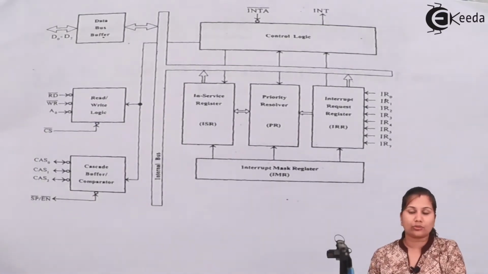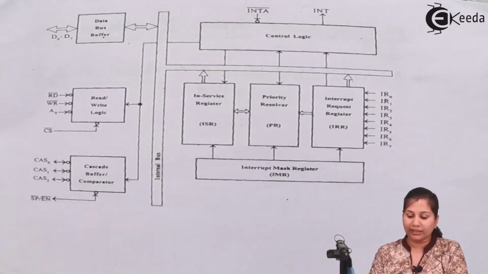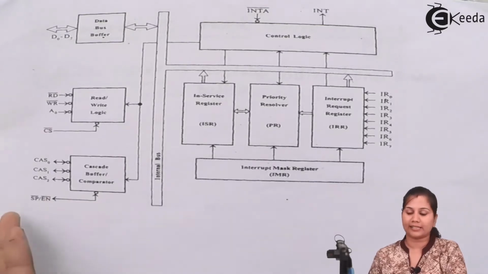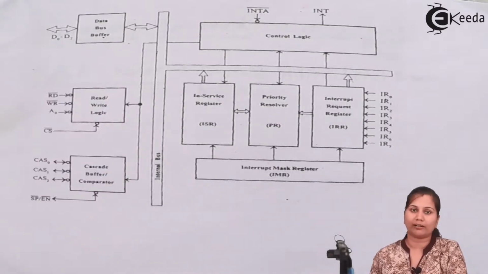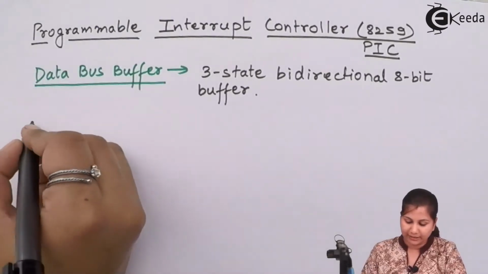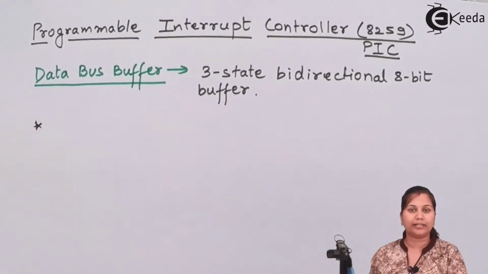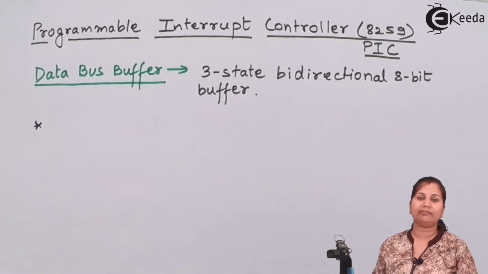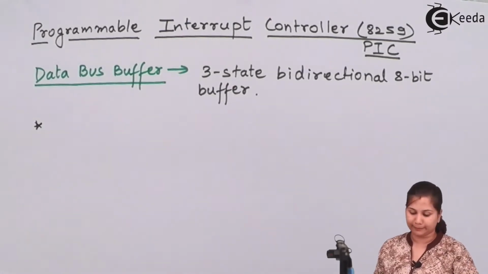Whenever transfer has to take place, this buffer has to be enabled. When this buffer is enabled, the data transfer will take place. Otherwise, if it is disabled, no data transfer will take place. So we can say that this buffer is used to interface the 8259 with the system data bus.